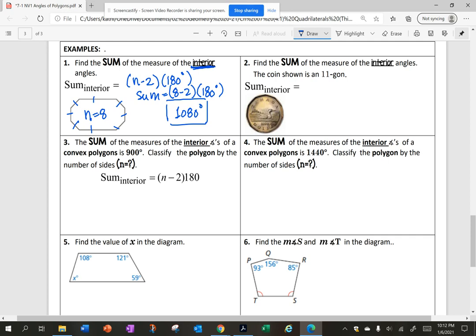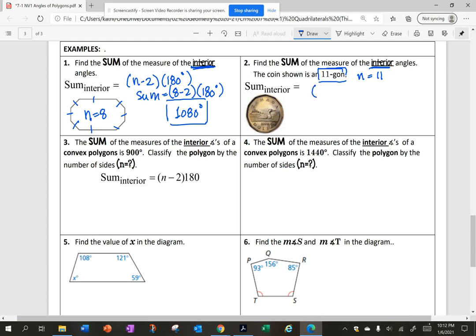Okay, next one, find the sum of the measure of the interior angles of an 11-gon. So I know from the word 11-gon that n equals 11 for 11 sides.